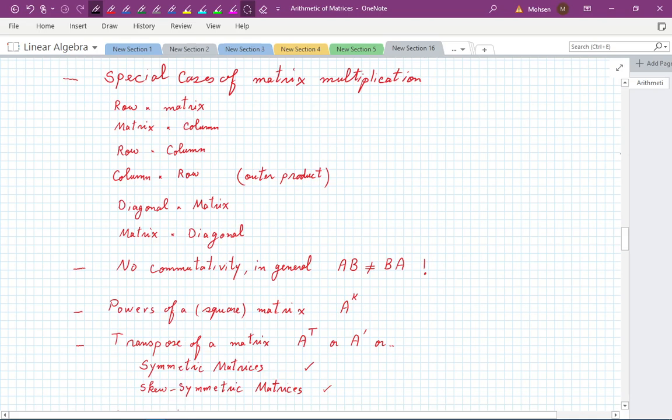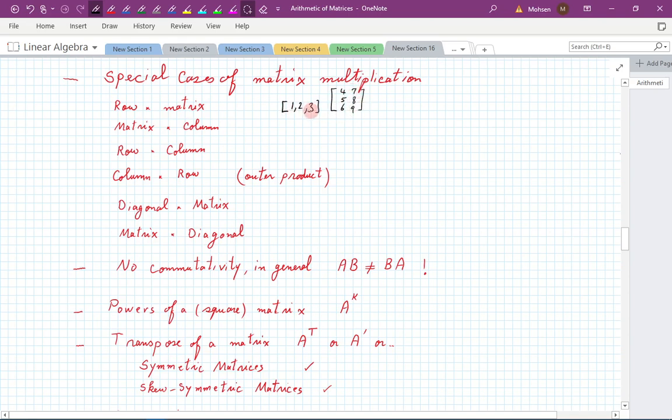So let's go after item number 1. So what happens when I have a row and I want to multiply it by a matrix? Best thing to do is just to practice a simple case. So suppose I have a row such as, let's keep it simple, 1 2 3, that's a row. I have to multiply it by a matrix, so I'll say 4 5 6 and then 7 8 9.